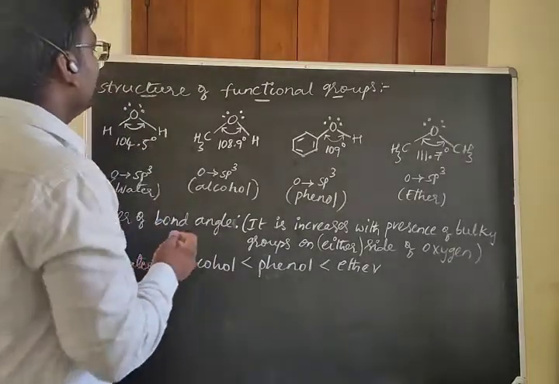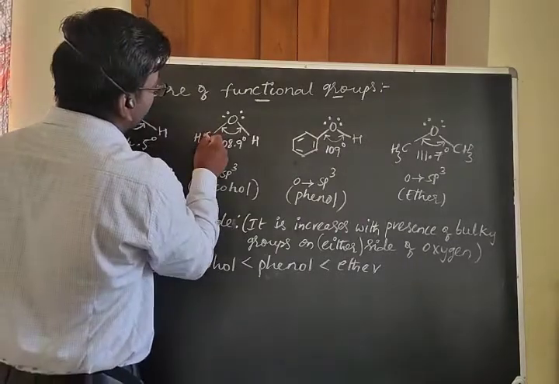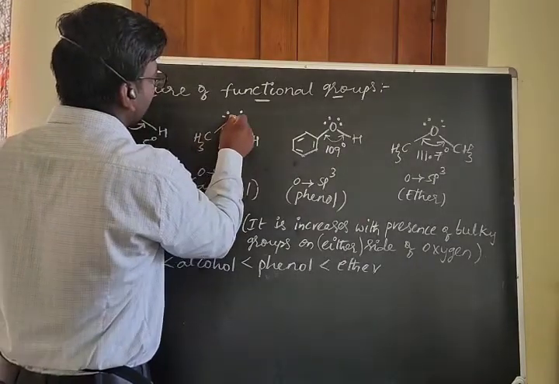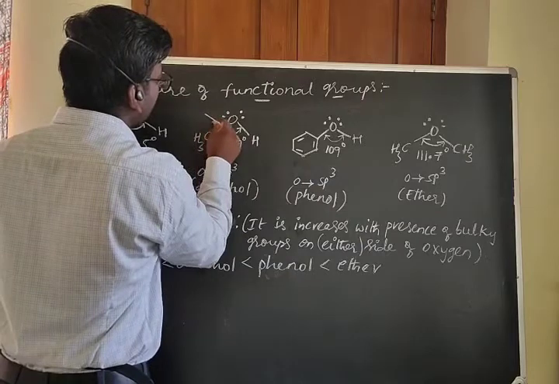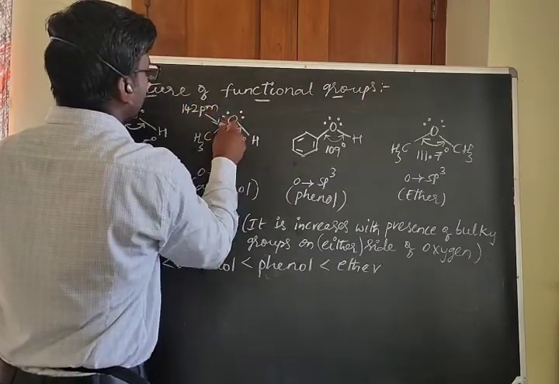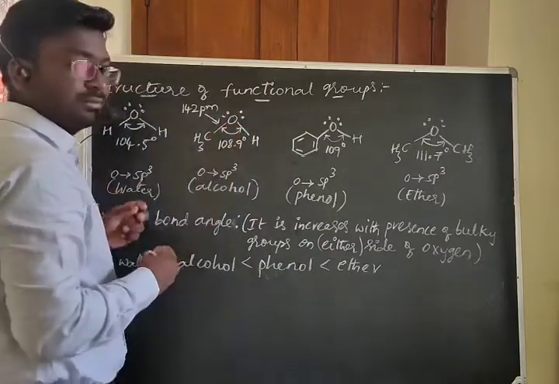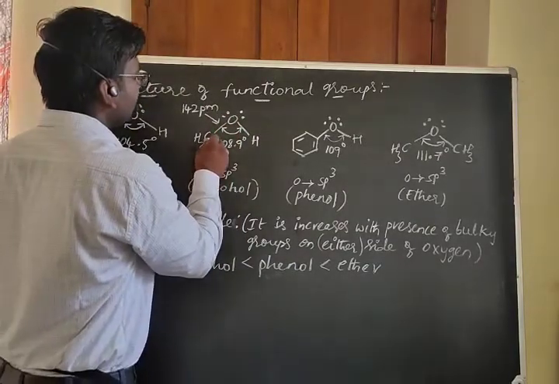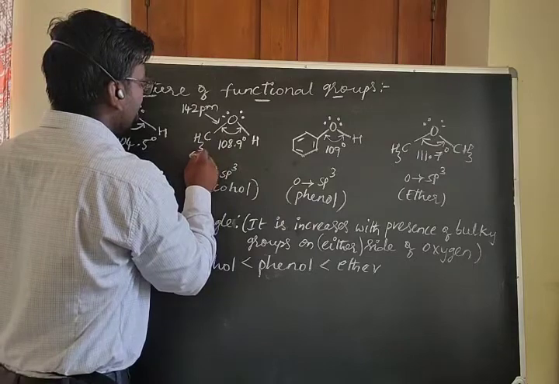Bond length. When you take the bond length between this carbon and this oxygen, it is found to be 142 picometers. What type of carbon is it? This is sp3 hybridized carbon.